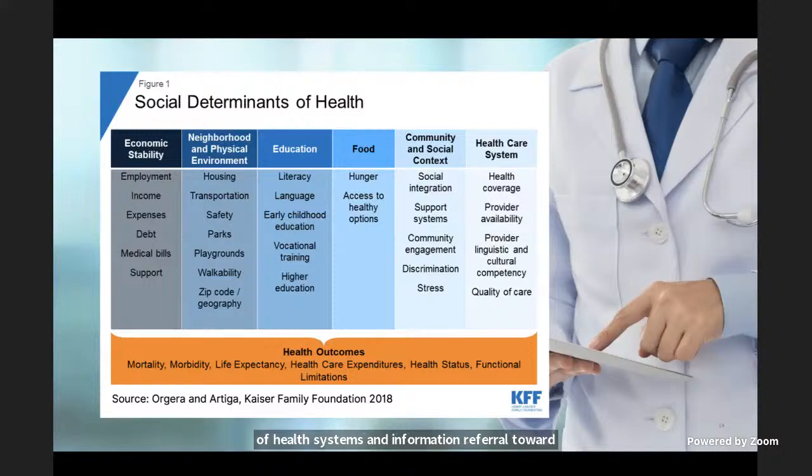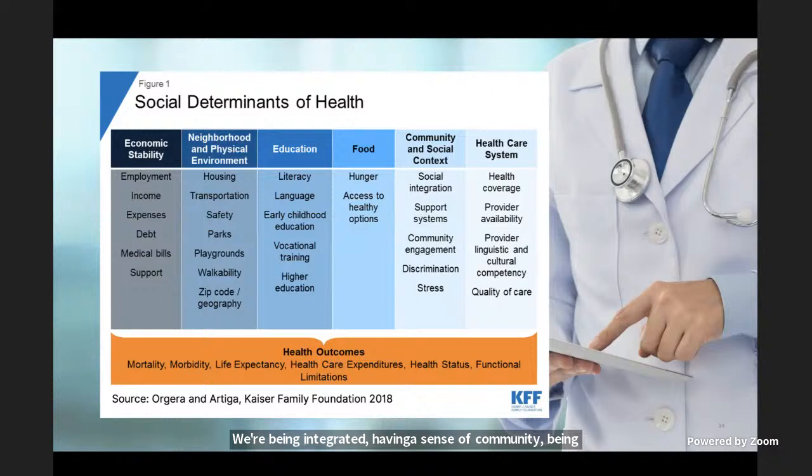Take, for example, community and social context, or the healthcare system, those two columns on the far right of this slide. Think about those families that you've worked with at the installation level, where mutual support is so important for their well-being, where being integrated, having a sense of community, being involved is so important.